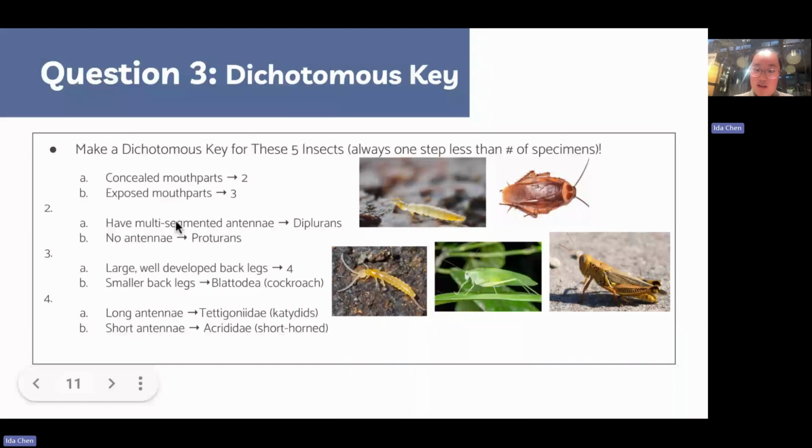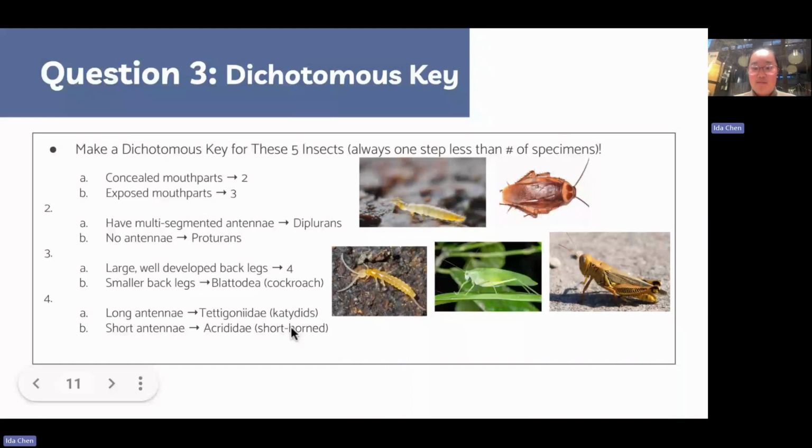Now on to the next, which is that the rest of these have exposed mouth parts. This one is made kind of easy because 2 of these are part of the grasshopper and cricket category, and this guy is a roach. So what separates the roaches and the grasshoppers? Roaches have less well-developed back legs because they don't really jump, and the grasshoppers do. So that's your distinction here. In number 3, well-developed back legs, you go to 4 for further distinction.